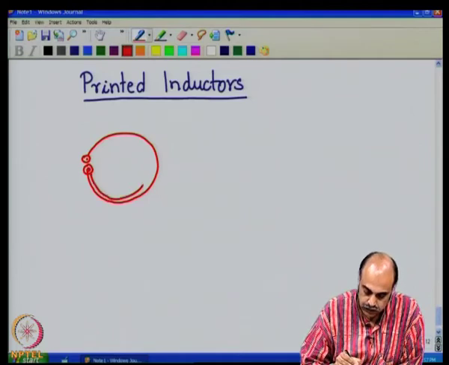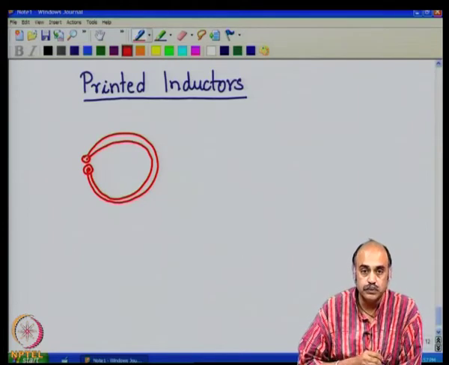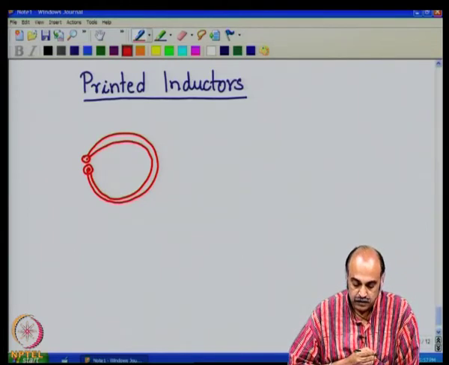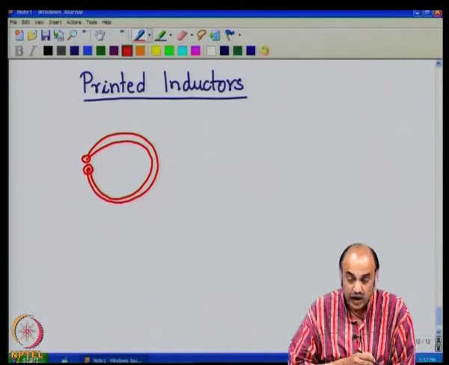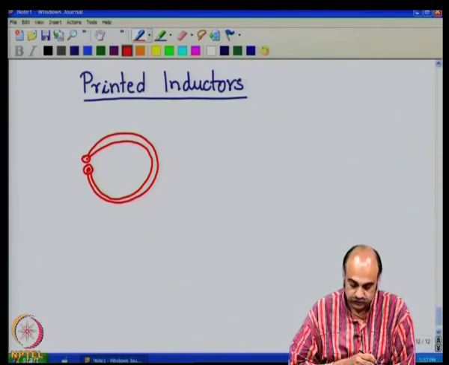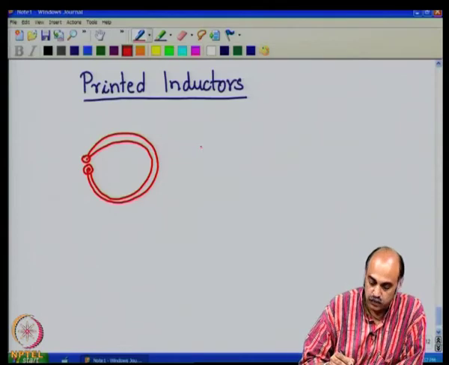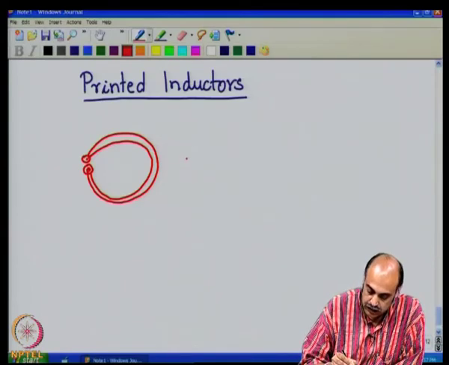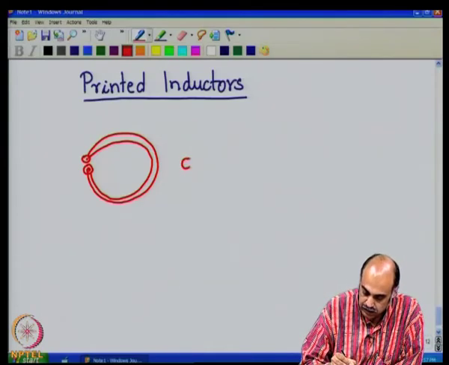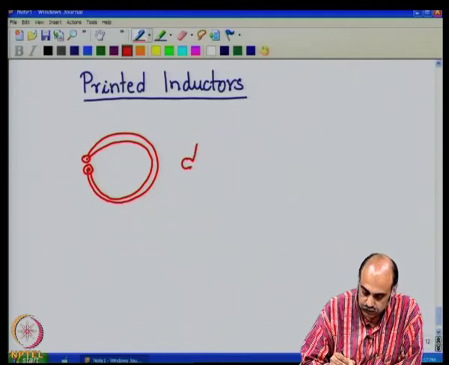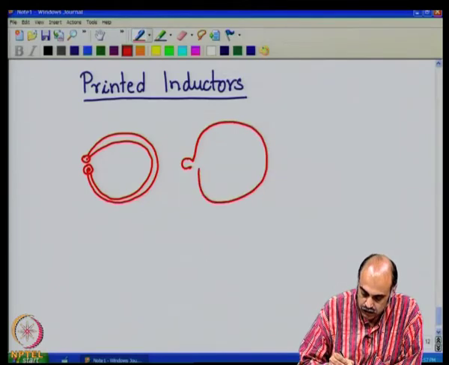So, this kind of circular loop is equivalent to a one winding inductor. You could have a multiple winding inductor by having a slightly modified topology, like a spiral.